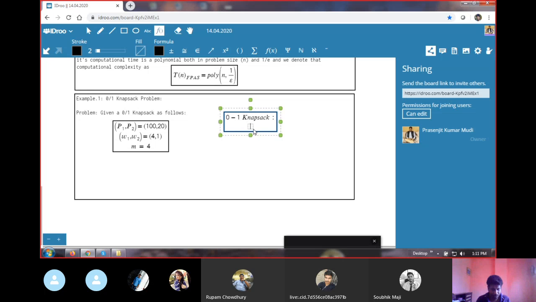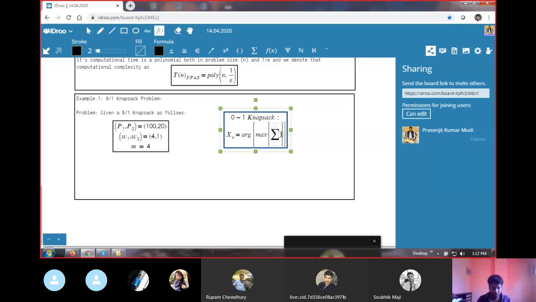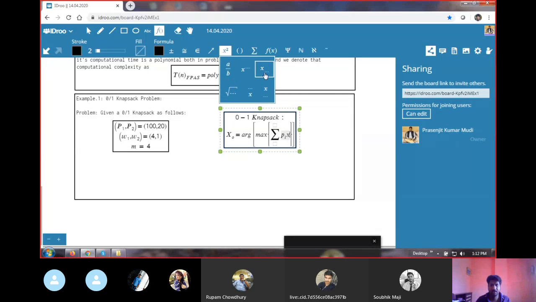Okay, so the argument of max of summation of pi xi, where i is 1 to n.